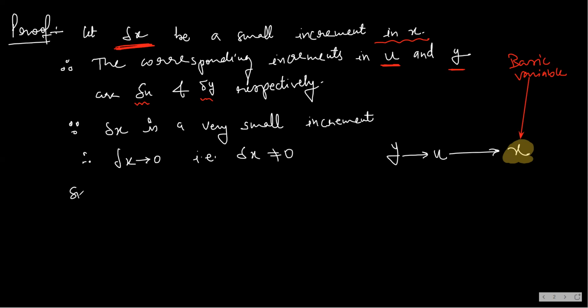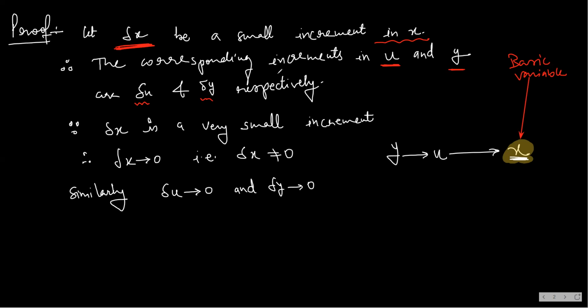Similarly, the other two small increments: delta u tends to 0 and delta y tends to 0. The other two increments are also very small. Obviously, if there is a small increment in x, there will be small increments in u and y, right?